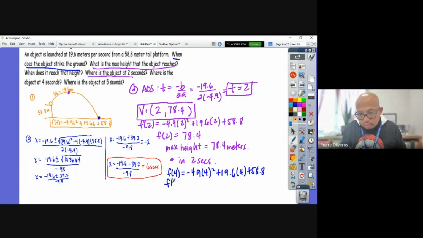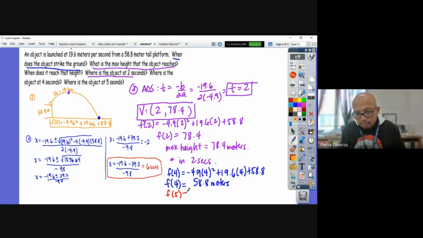And the answer for f(4), or at 4 seconds, will be 58.8 meters. Where's the object at 5 seconds? I'm going to do the same thing, but this time I'm going to look for f(5). So negative 4.9 times 5 squared, plus 19.6 times 5, plus 58.8.